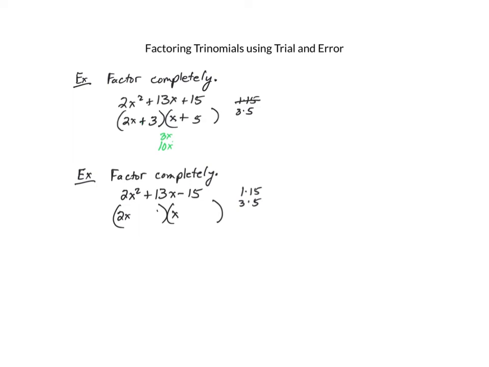So let's try 1 and 15. Notice on the outside that gives us a 30x, and on the inside a 1x. So there's no way a 30x and a 1x would give me a 13. I don't care what the signs are. So let's switch them. Let's put a 15 here and a 1 here.